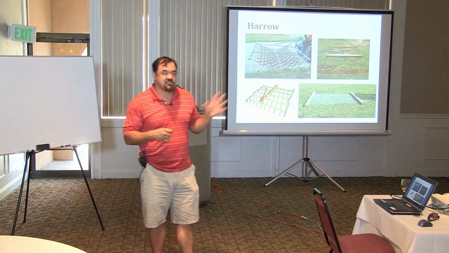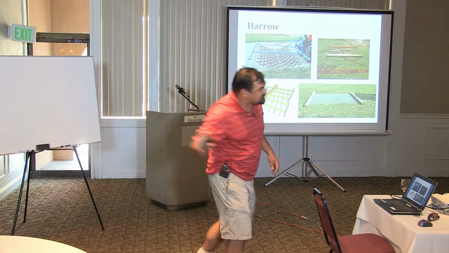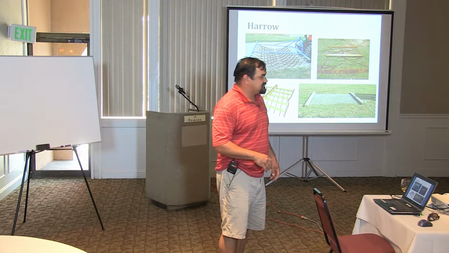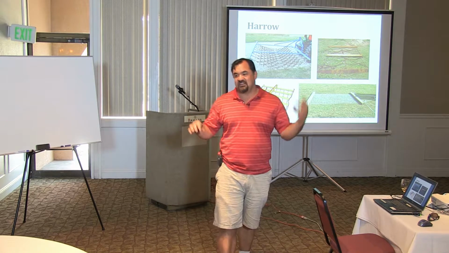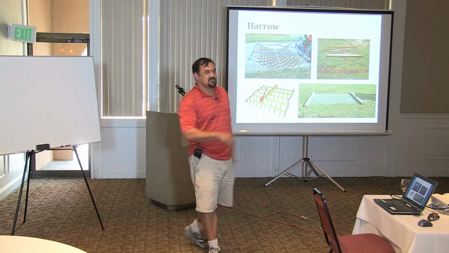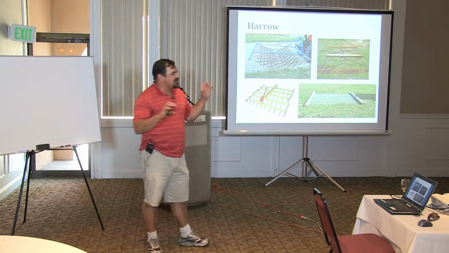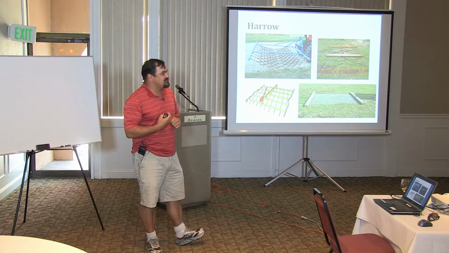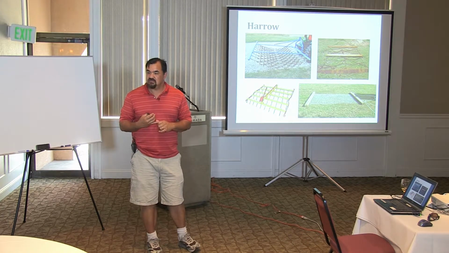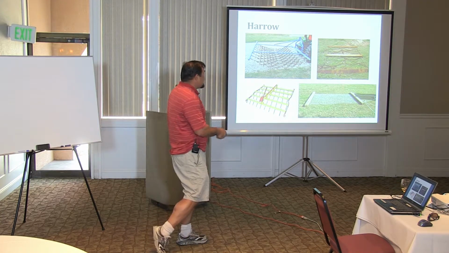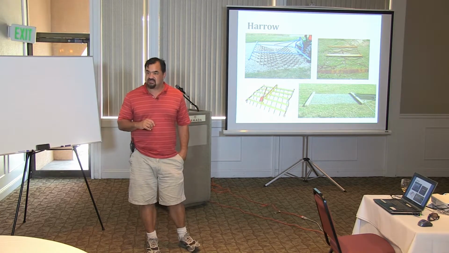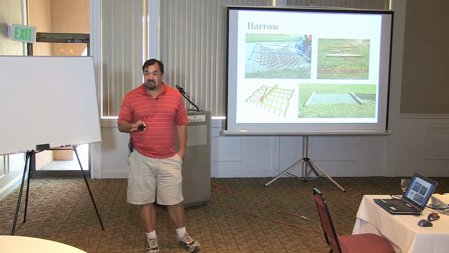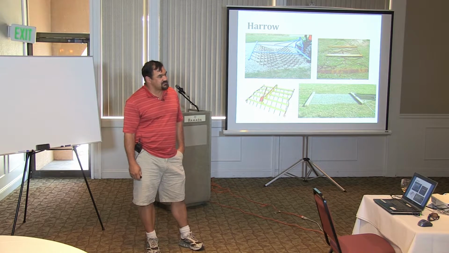Because in between innings, they'll come out and run across the field with a chain link fence. Because that chain link fence just kind of flows. Knock down clods, smooth it out. Works great. The problem is neither one of these has much of a firming effect. But they don't have a bulldozering effect.